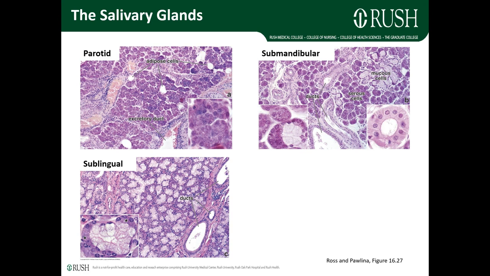The darker parts appear to partially cover the lighter part. This feature is sometimes referred to as a demilune, as highlighted by this marker here and here. Also note the inset in the submandibular panel of a striated duct here on the right, showing radial lines in the cuboidal cells.